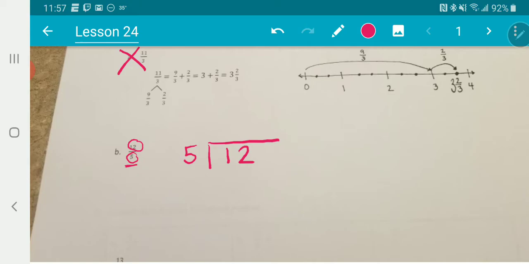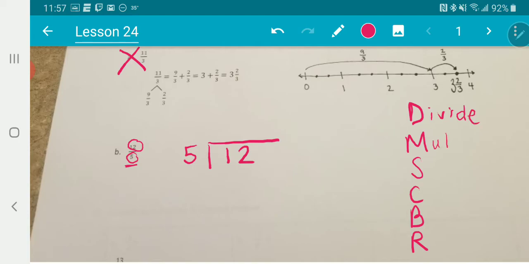If you remember, we had that little phrase to help us through the steps for long division. It was "Does McDonald's sell cheeseburgers, Ronald?" Okay, so these are the steps for long division. The D stands for divide. The M stands for multiply.